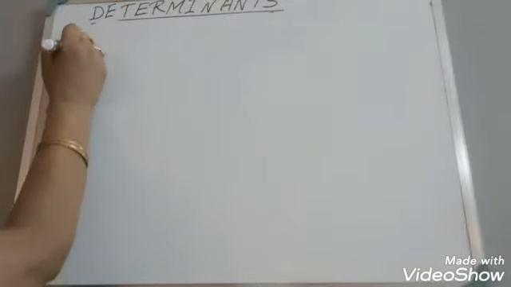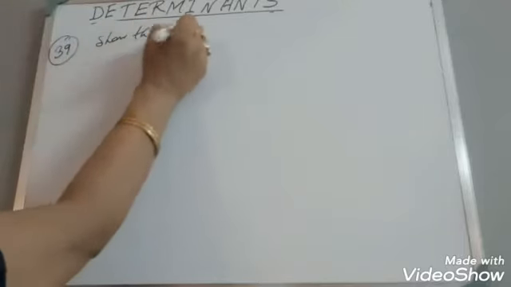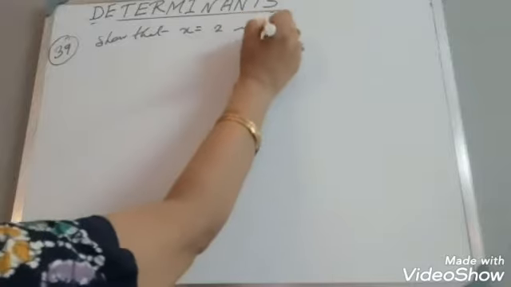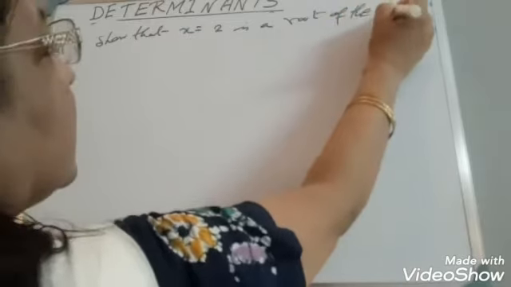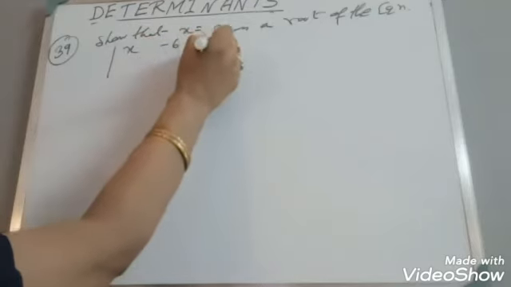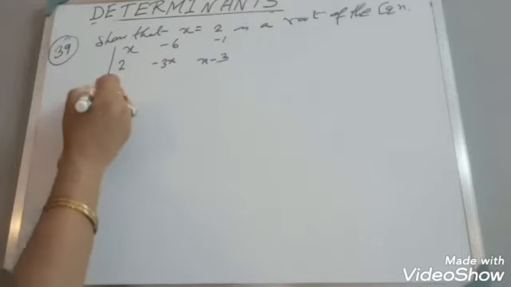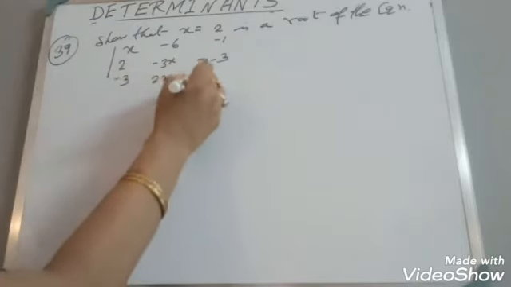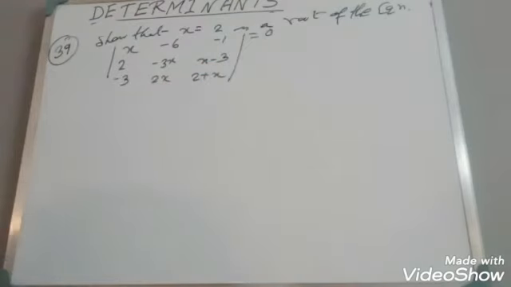Show that x is equal to 2 is a root of the equation determinant x minus 6, minus 1, 2; minus 3x, x minus 3, minus 3; 2x, 2, plus x, is equal to 0. From here we have to show that x equal to 2 is a root of this equation.